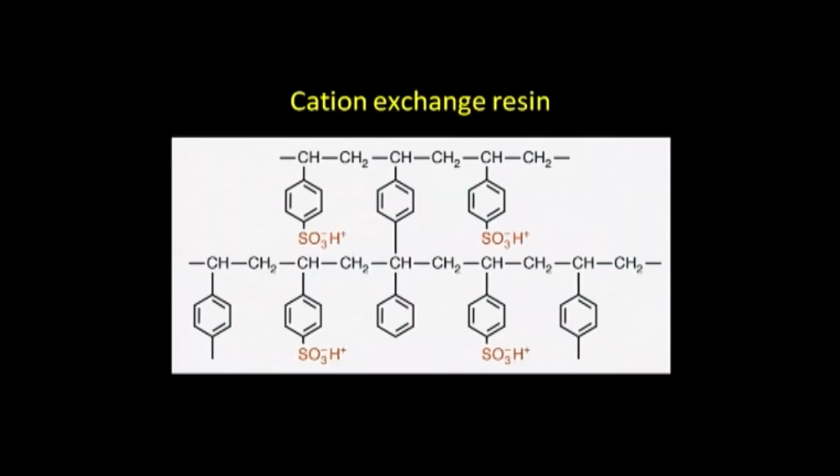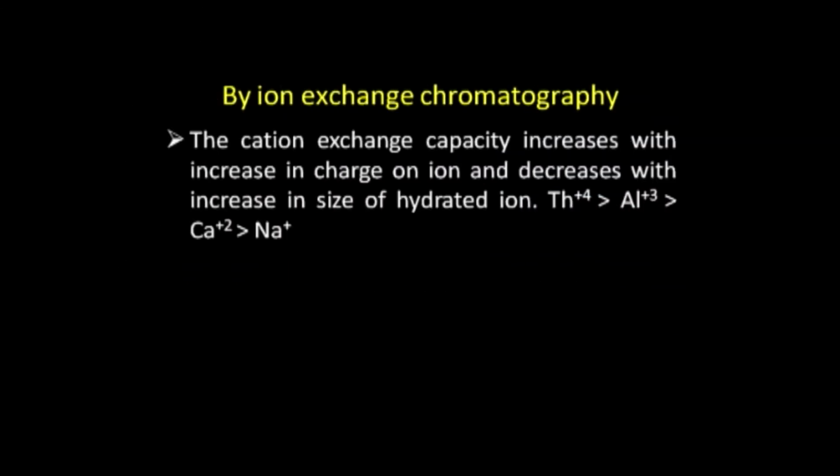This is the structure of the cation exchange resin, and it is the sulfonic group containing the hydrogen ion which is getting exchanged. The cation exchange capacity increases with increase in charge on the ion, and it decreases with increase in size of the hydrated ion.